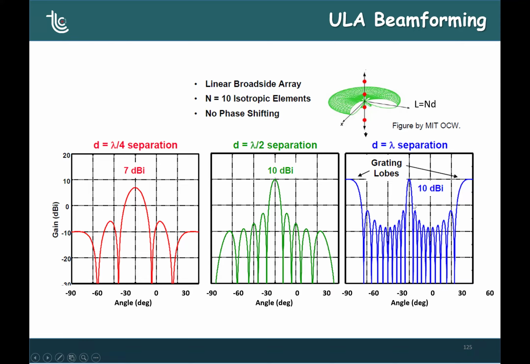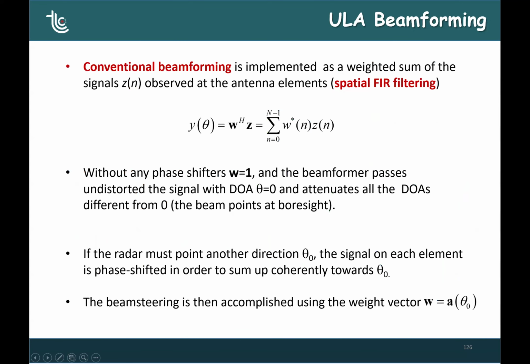Here we have a narrow main beam, so it seems that we are gaining resolution, but we are losing a lot inside the lobes. So the third one is not a good scenario, because we have multiple grating lobes. We should stay as close as possible to the situation in the middle, where the distance d between the elements is half the wavelength.